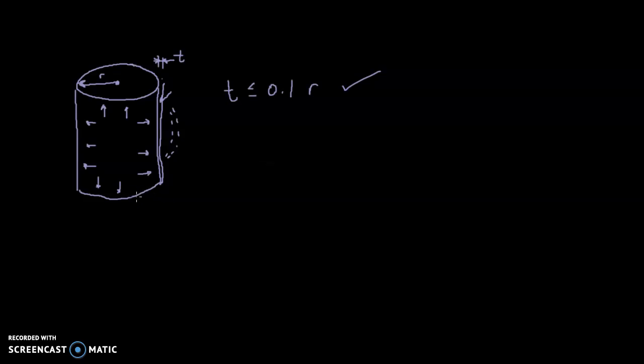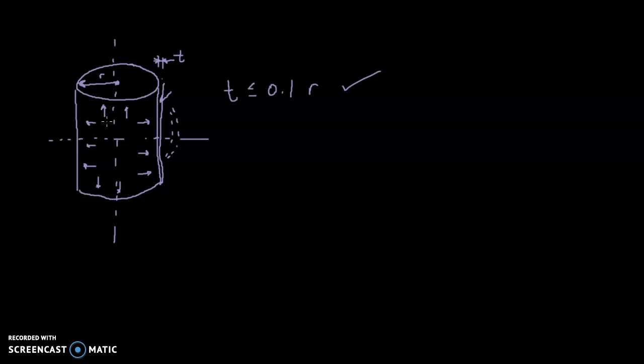Then, once we have verified that we have a thin-walled pressure vessel, we have to think of basically the two different ways that we can slice through a cylinder through its center, and that would be to slice through it horizontally or to slice through it vertically. First, we're going to look at this vertical slice.